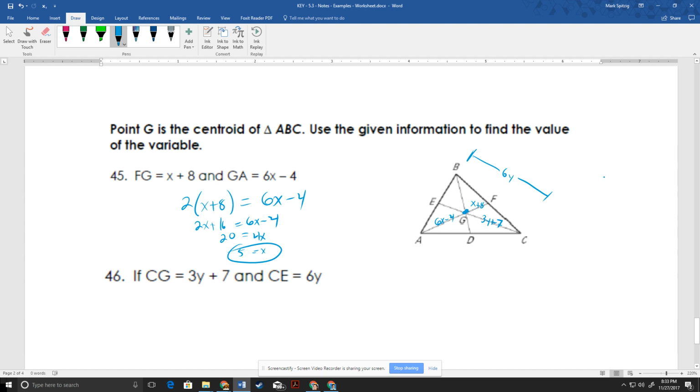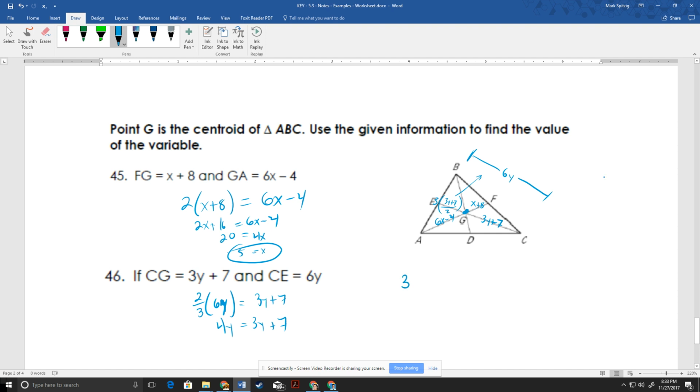In other words, this is just going to be 3y plus 7 all over 2. And if I multiply this bit by 3, it should equal this. Okay, that's okay to do, but I think the easiest way is just to say 2/3 of 6y is going to be 3y plus 7. And 2/3 of 6y is pretty easy. It's just 4y. So that might be the easiest way to do it. But again, the other way is also fine.